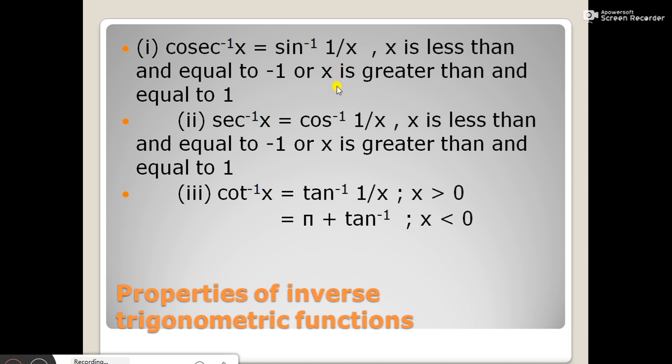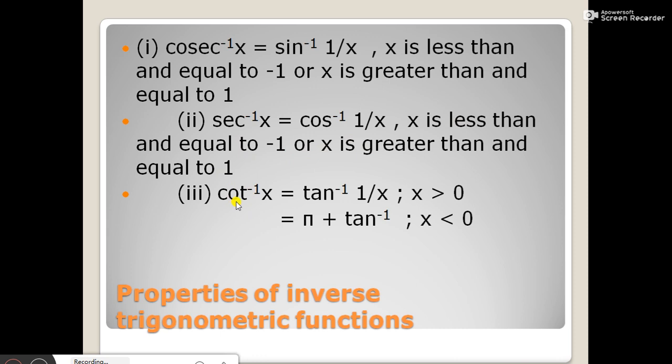It means the mode of x is greater than or equal to 1. And secant inverse of x is equal to cos inverse 1 by x, x is less than or equal to -1 or x is greater than or equal to 1. It means the mode of x is again greater than or equal to 1.